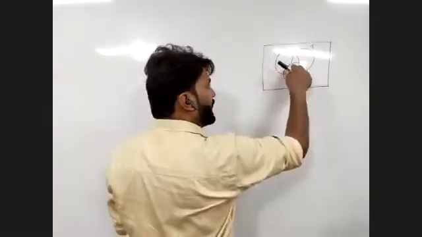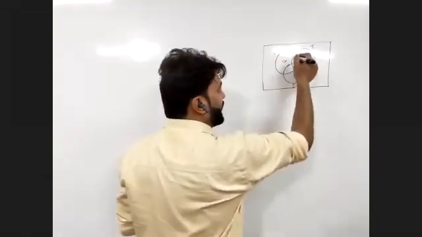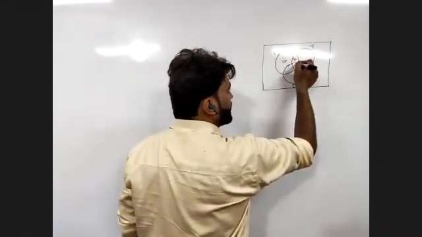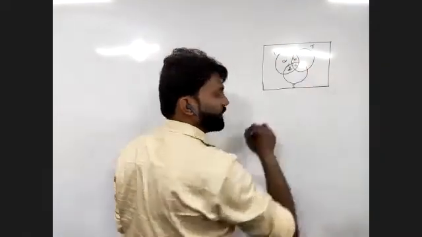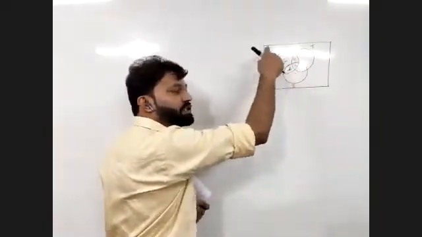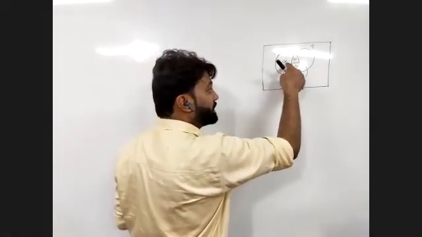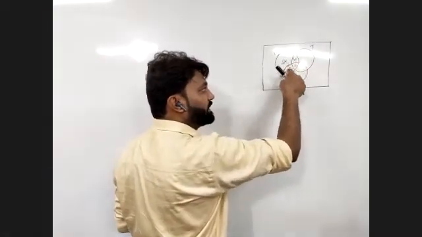Like this enclosed region, this will be A. This enclosed region, this will be B. This will be C, and this will be D. So that means H is represented by the sum of these 4 variables. That is, H will be represented by A plus B plus C plus D.